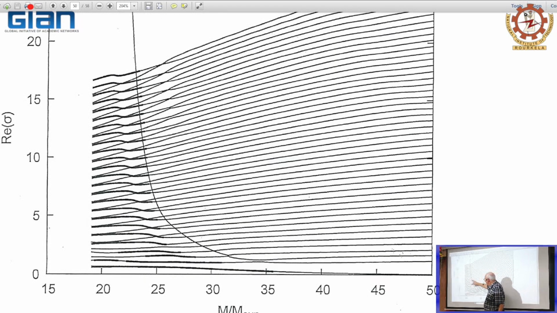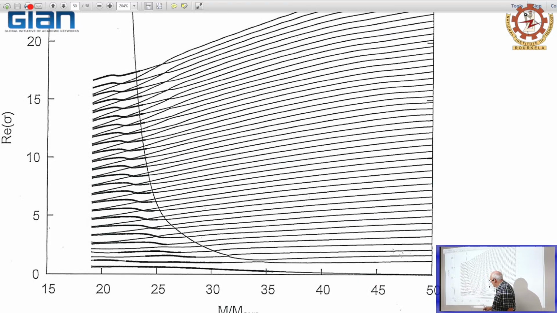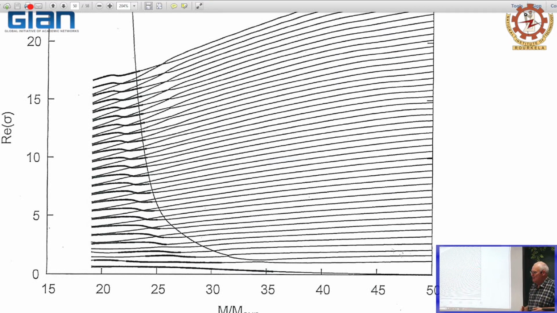The modes pair and cross each other once we go to small masses, once we decrease the mass below a certain value. This is expected because we know that the thermal timescale decreases once we decrease the mass, and also the fraction of gas pressure decreases once we decrease the mass. That's what we have seen in the previous diagrams.